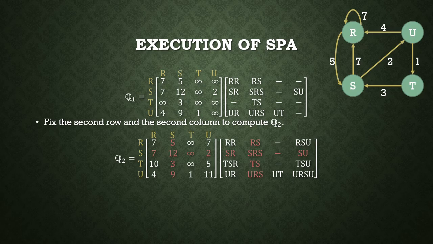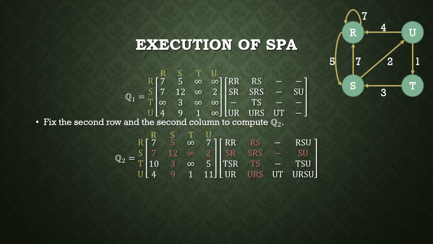Come to the entry TU. The old value is infinity. The intersection values are 2 and 3, which will give 5. So we commit 5 for TU. Now let us talk about the path. 3 is TS, 2 is SU.